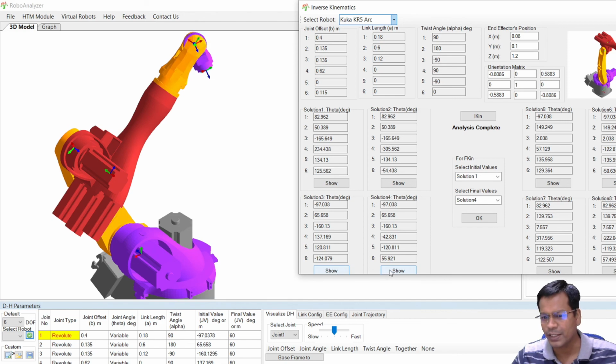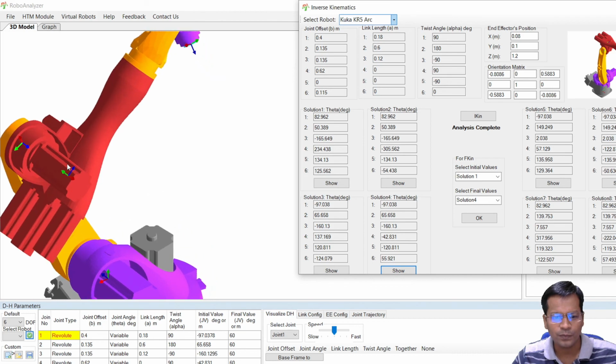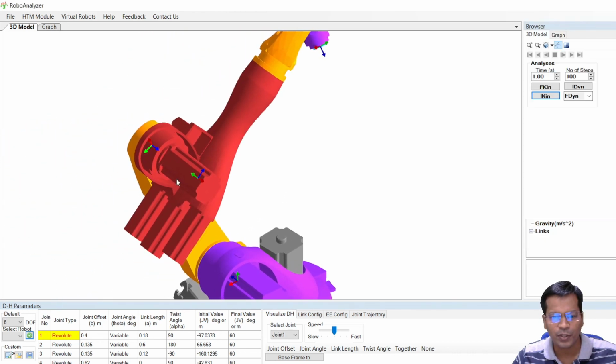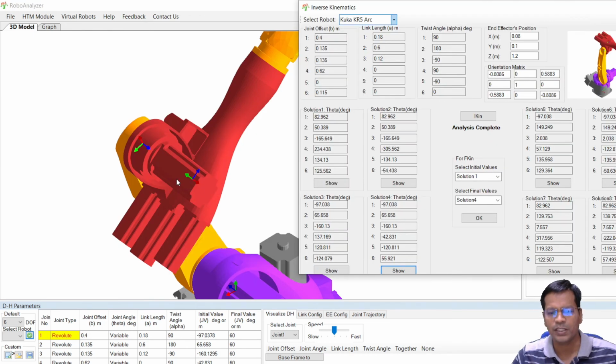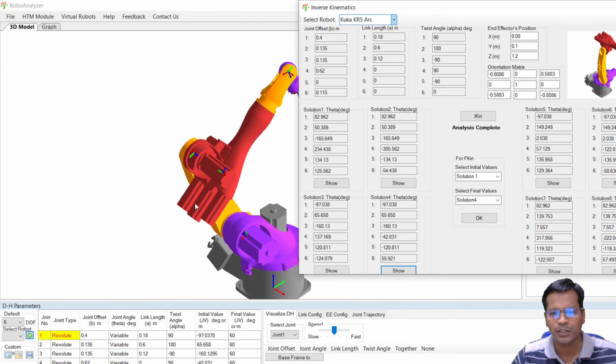So you see, these are the 8 different configurations which are possible, although the position where it is now is not physically possible for the KUKA KR5 ARC robot. It is mathematically possible, but it is not possible for the robot to go there.